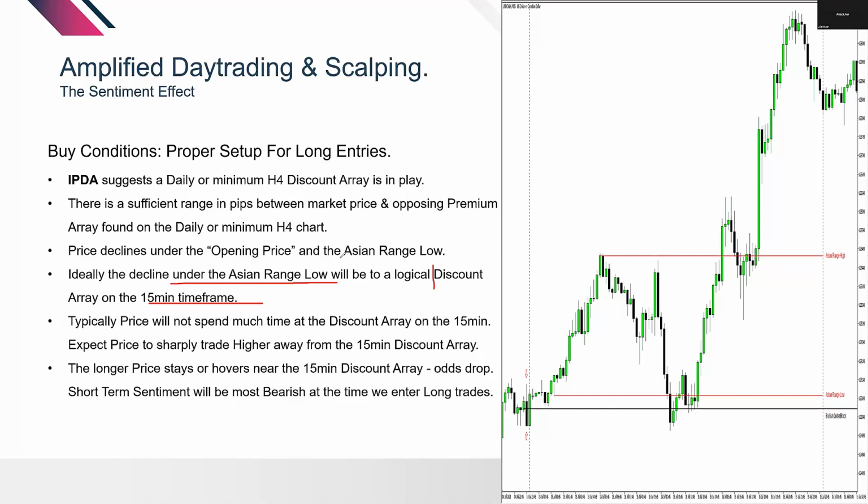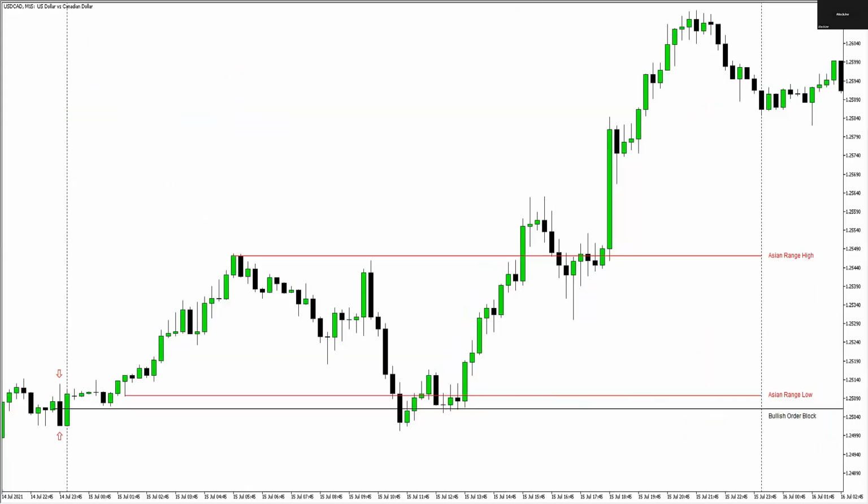The moment it's below the Asian range low, see if you can highlight fair value, meaning a discount array. You have to see price trade to at least a discount array on the 15-minute chart.